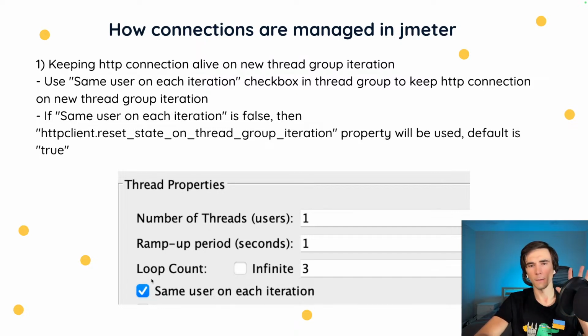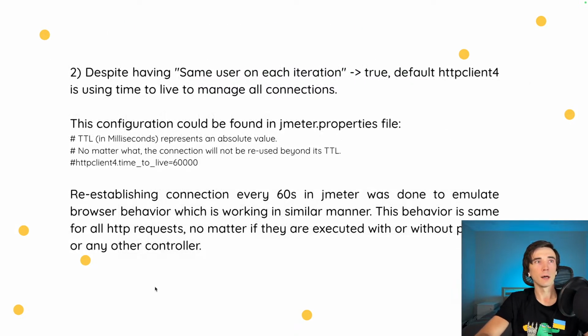That's fine. In our case we have it checked, so it should not impact any connection, right? But despite having this checkbox set to true, the HTTP client 4 implementation, which is the default HTTP client used by JMeter to establish, manage and reopen connections, is using one of its properties available in JMeter properties.